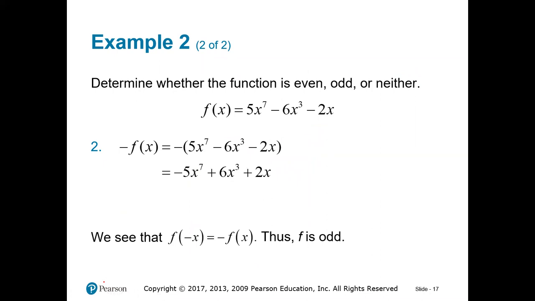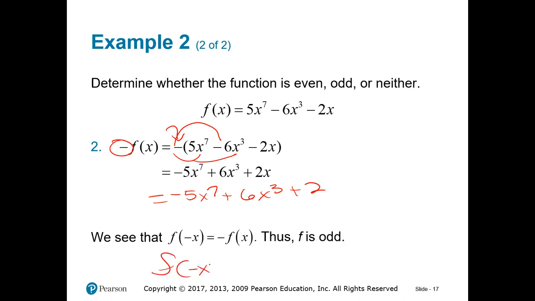All right. So if I was to plug the negative on the outside of the function, so you notice it's on the outside, and we distribute that negative sign to everything, does it do the same? Well, negative times positive is negative. Negative times negative is positive. So this is true.